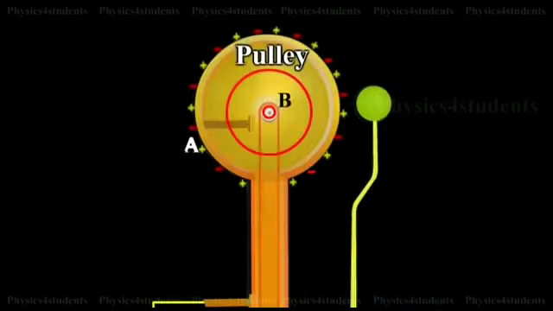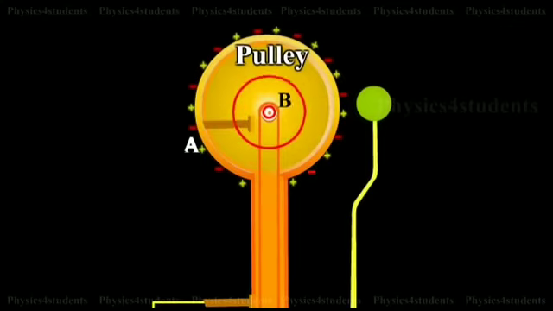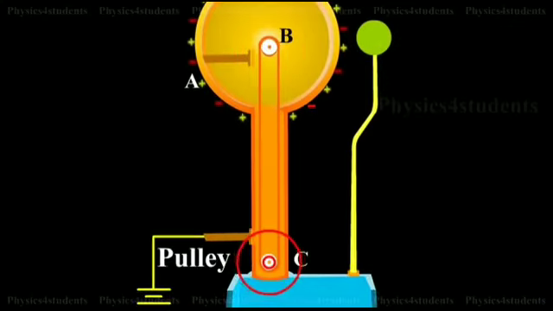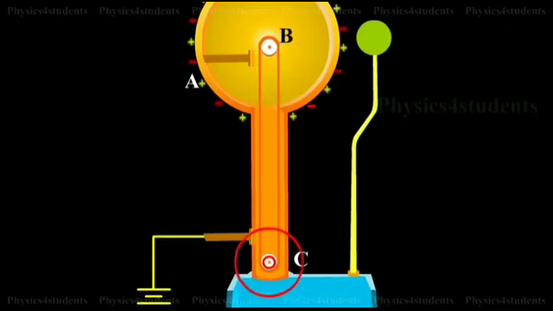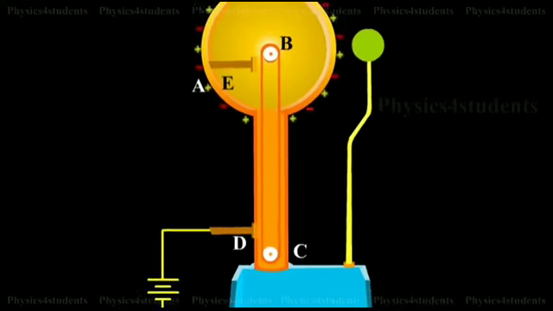A pulley B is mounted at the center of the hollow sphere and another pulley C is fixed at the bottom. A belt made up of insulating materials like silk or rubber runs over both pulleys. The pulley C is driven continuously by the electric motor.